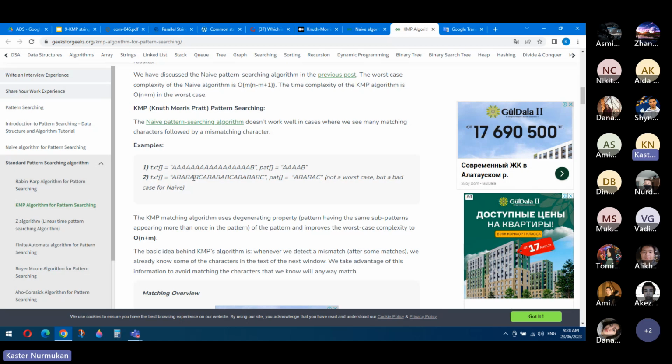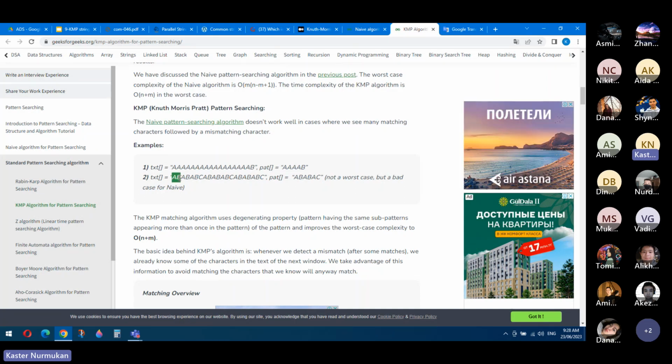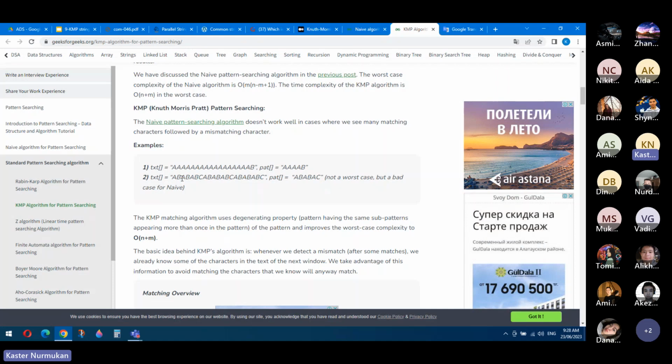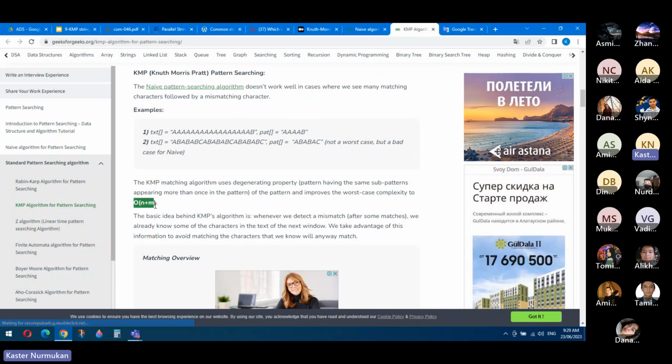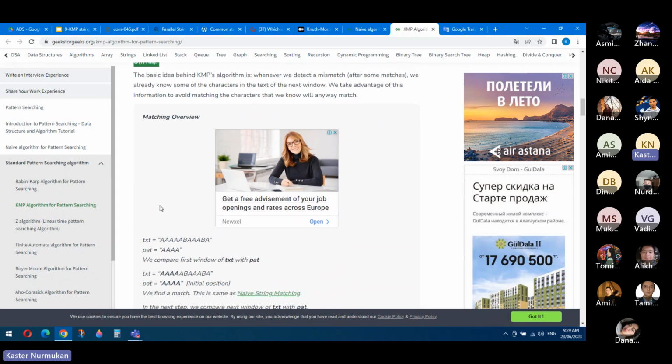What they do is ignore the first two of them and start from the AB, since this already appeared. They didn't reset back to the previous one. Actually they do reset back, to that second appearance, which is a little bit bad, a little bit good. So that's the reason KMP is O(N plus M) time complexity.